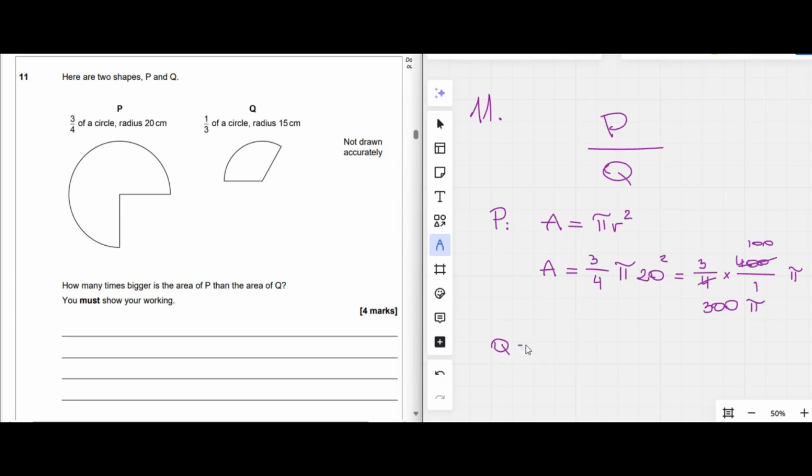And Q, the area is 1/3 of the circle where the radius is 15. 15 squared, 225. So 1/3 of 225 and then pi.